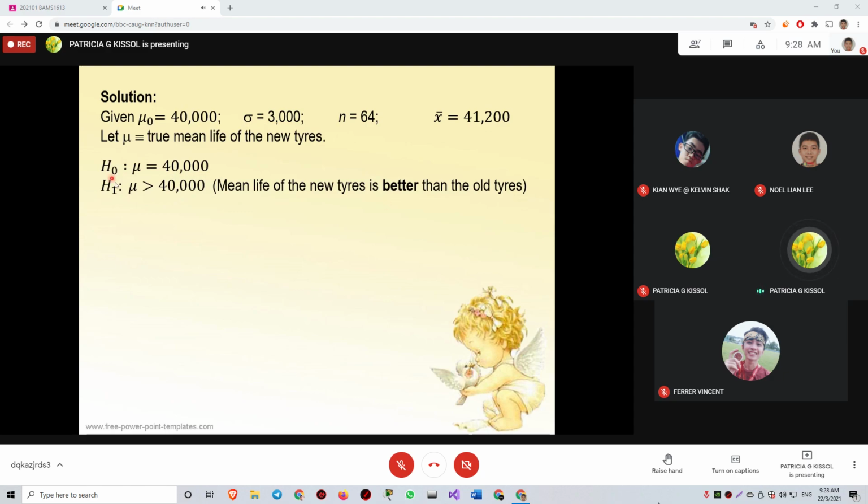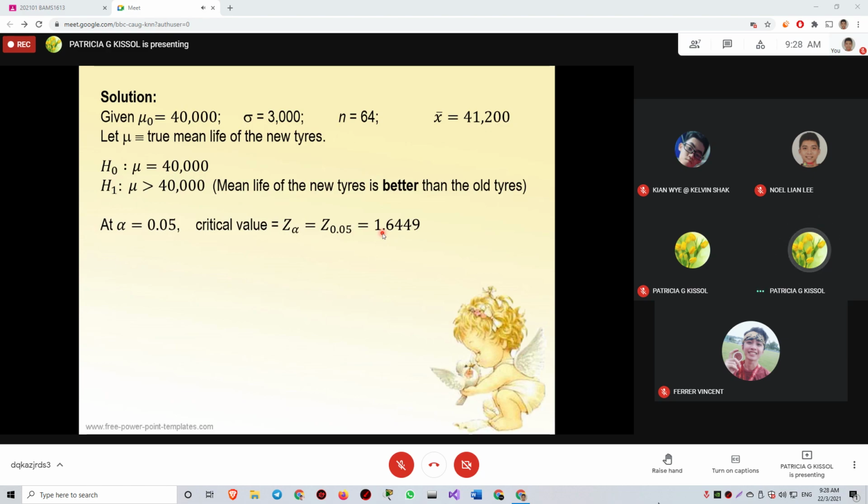So by now, once you already determine it is greater than, we know it is a one tail, and the alpha given to us is 0.05. The critical value Z alpha is equal to Z 0.05, and you need to check from the table, check out at 0.05.